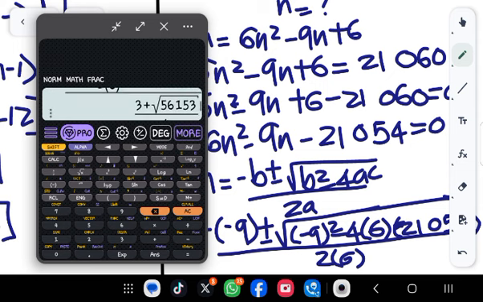What did we do here? I'm not sure what happened here, but we seem to have made an error. Let me try and fix it.